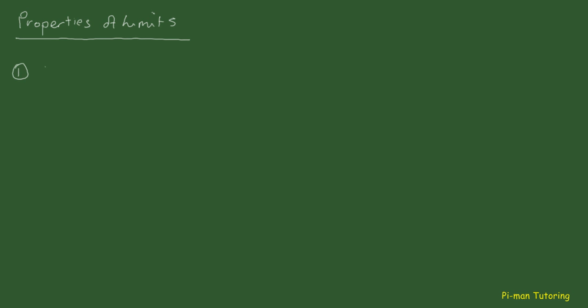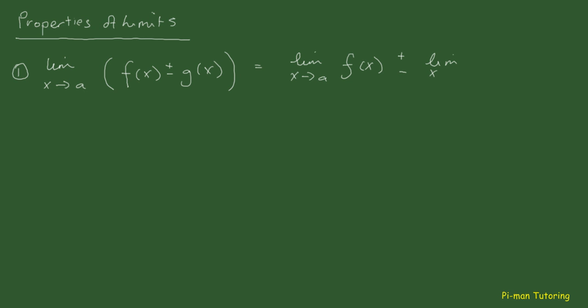The first rule says that the limit as x tends to a of a sum or difference of two functions can simply be evaluated by finding the limit as x tends to a of the first function and then adding or subtracting, depending on what you're doing in the first expression, the limit as x tends to a of the second function.